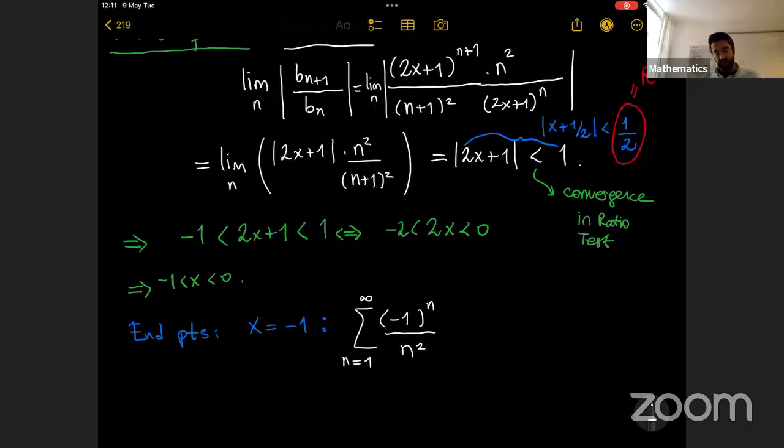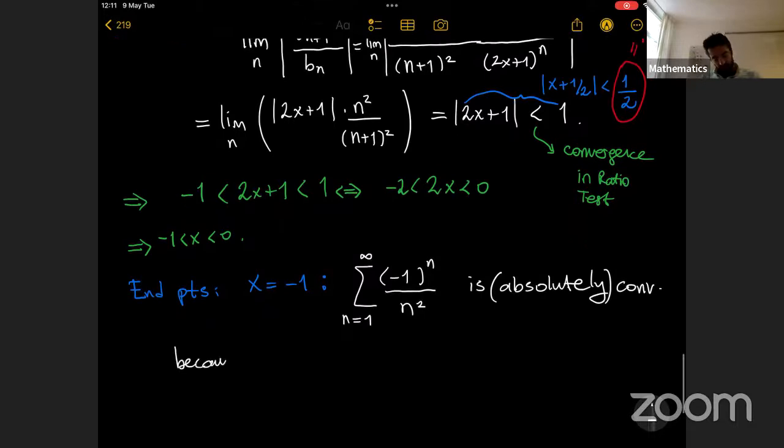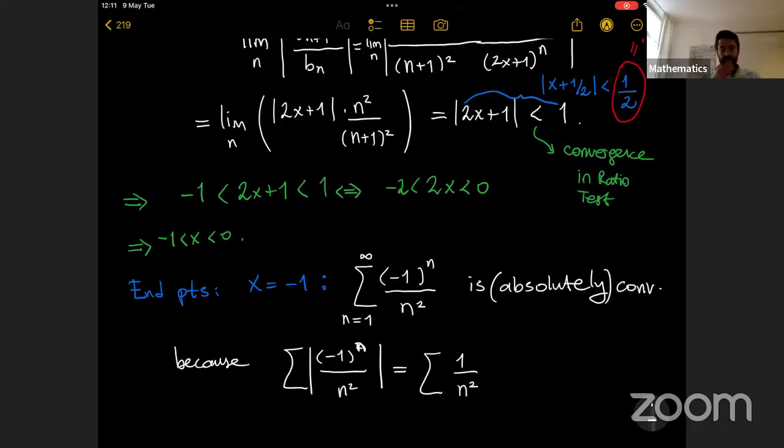But here, this is absolutely convergent. Why is it absolutely convergent? Because when you take the absolute value here, n squared, the absolute value, this is nothing but 1/n squared, and 1/n squared is convergent by the p-test, right?